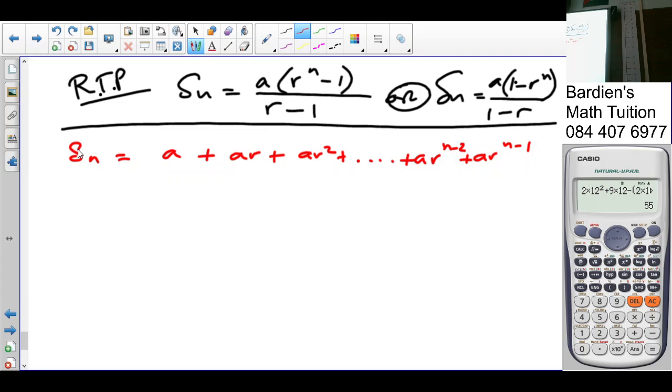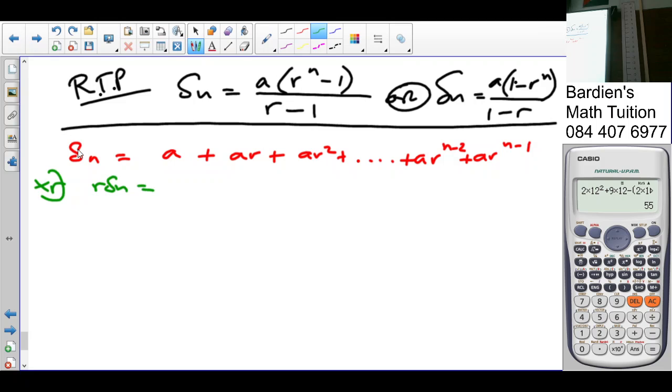So what did we do when it was arithmetic? We took the whole general term and swapped it around and then added it. Here we're not going to do that. Here we're going to multiply the whole line by r, the common ratio. So what is Sn times r?